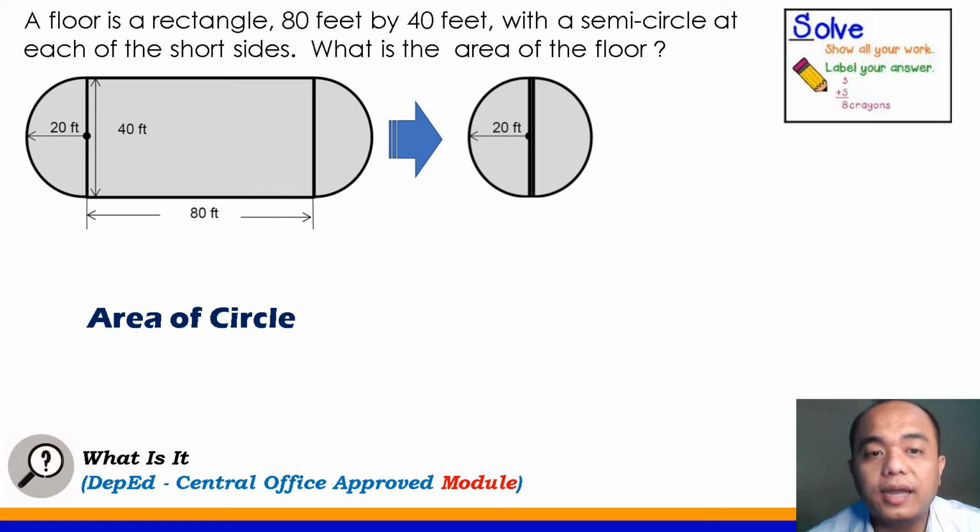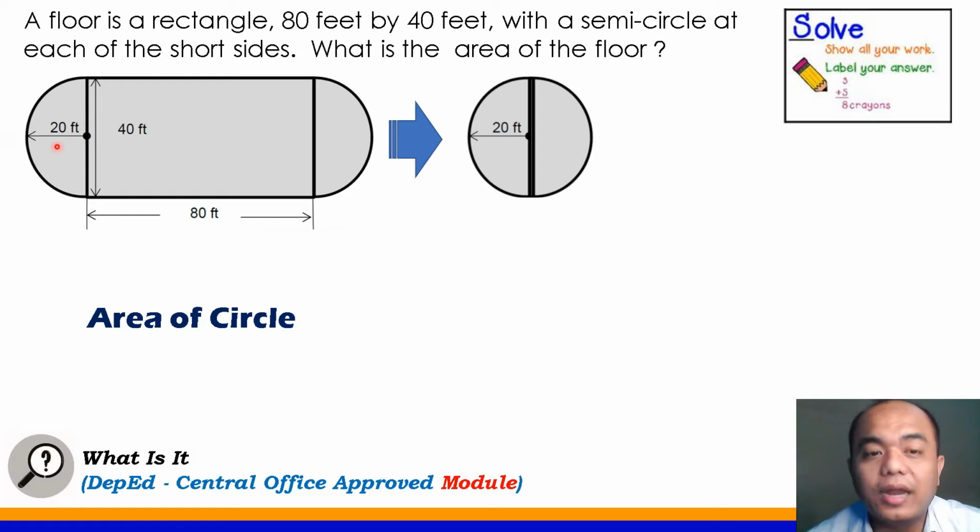Pero yung question, class, saan nakuha yung 20 feet dito? Take note, class, ha? We have here 40 feet. So, kung mabubuo natin yung isang circle na yan, class, we have also the diameter of 40 feet. Diba? Now, so yung 40, hahatiin natin yan sa dalawa. Kasi radius lang ang ating kakailanganin to solve for the area of the circle. So, we have here 20.